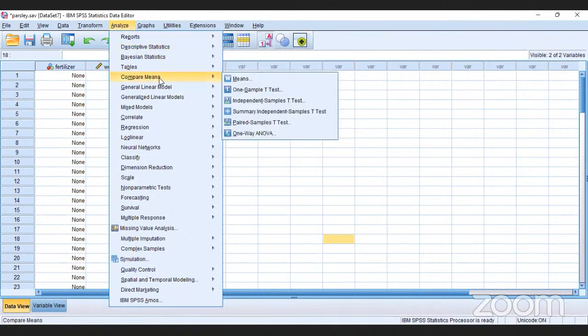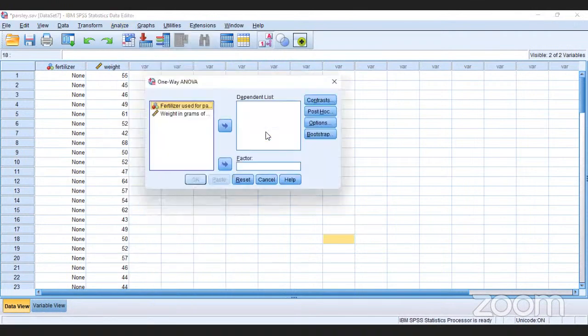Compare Means, what should I do? One-Way ANOVA. What do I do now? Dependent list. So what should I do now?